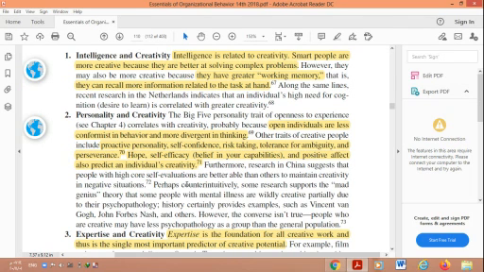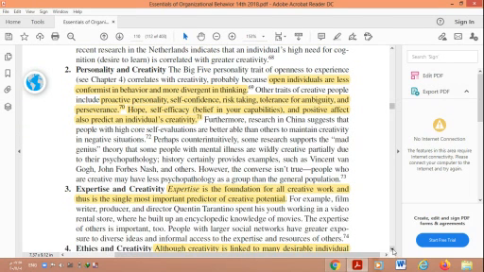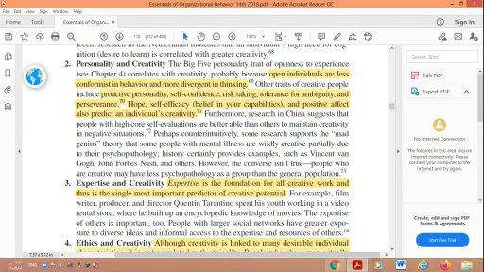The third one is related to expertise and creativity. What do we mean by expertise? It is a package of knowledge and skills and the applications of those skills and knowledge. So here the textbook said that expertise is the foundation for all creative work, and thus is the single most important predictor of creative potential.